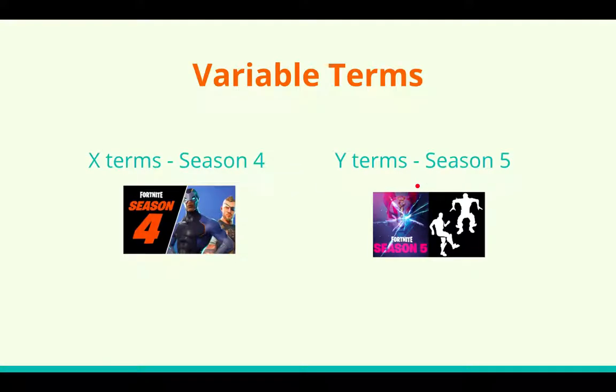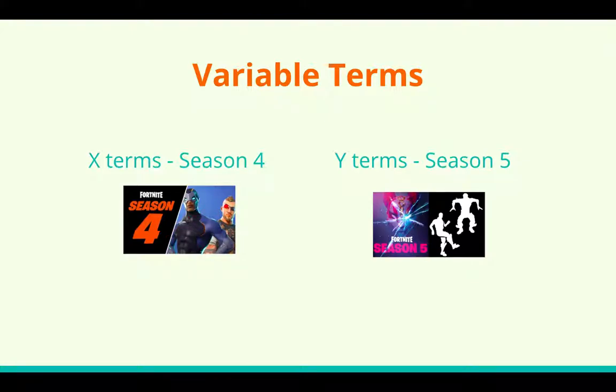All right? Now I want us to talk about how we're going to separate our variable terms using Fortnite. Everywhere within the expression that we just saw that we had an x variable, the x variable is now going to be the battle pass from season 4 of Fortnite.